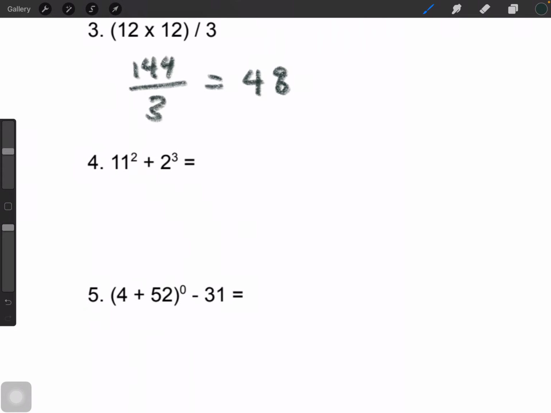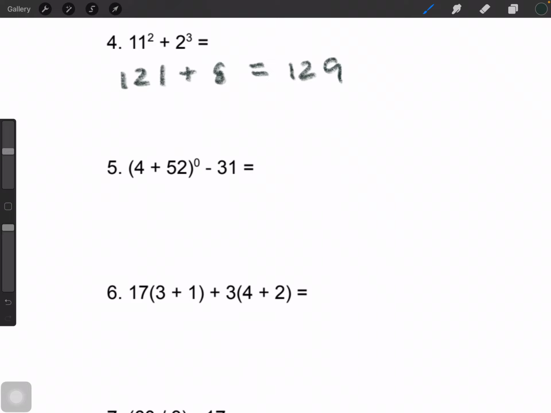This one, 11 squared plus 2 cubed, so 11 times 11, I believe, is 121, plus 8 gives us 129. This one, recall that anything to the 0 power is automatically 1, so this whole term gets canceled out to equal 1. 1 minus 31 is equal to negative 30.